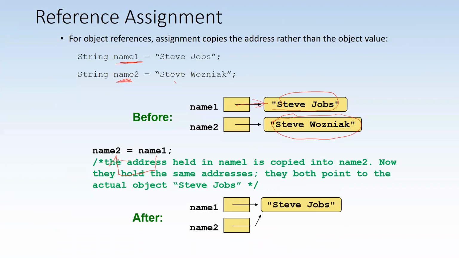You are assigning the address contained in name1 to this reference variable. So that means name2 will contain the address from name1, right? So name2 now will point to the same address as name1.